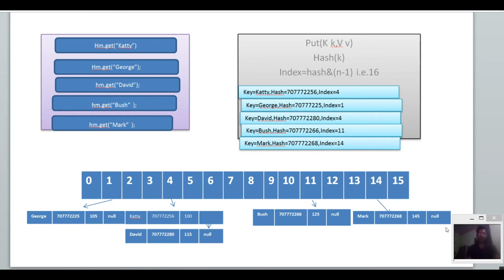So for proper functioning of a hashmap, we need to override both the equals and hashcode methods. In the next video, we'll see some real-time programming examples and go into detail about equals and hashcode methods.